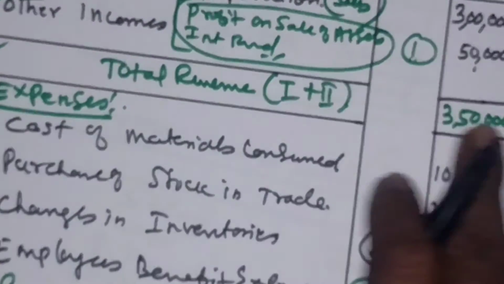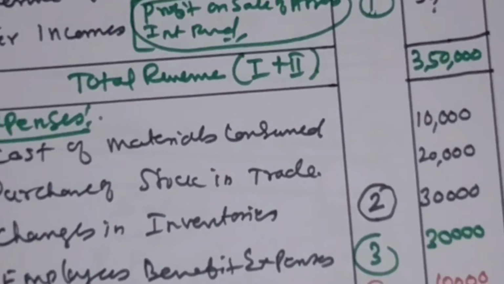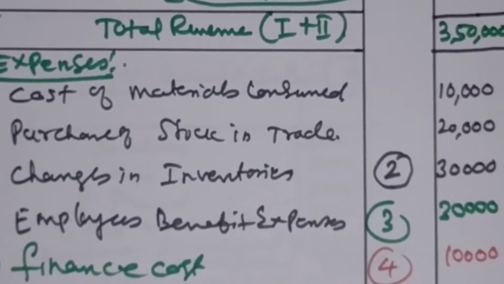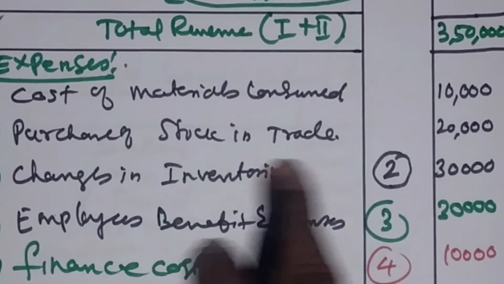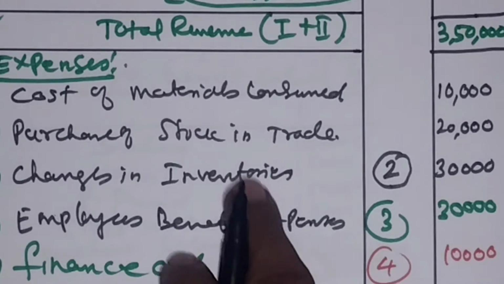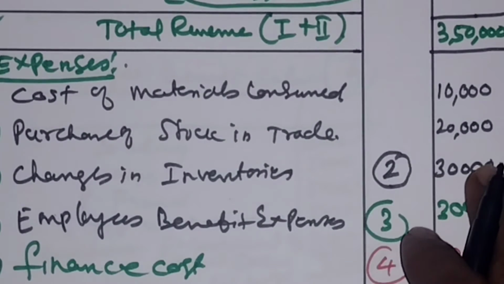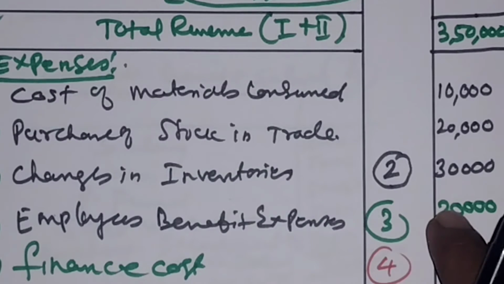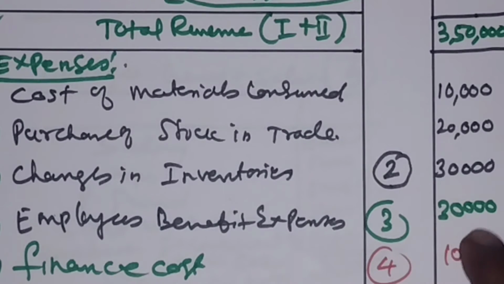Overall total revenue we got is 3,50,000. Out of total revenue, the first one is cost of material consumed 10,000, purchase of stock in trade 20,000, changes in inventories, that is opening stock minus closing stock, we get 30,000. Employee benefit expenses like salaries, wages, staff welfare expenses, provident fund, encashment of leave salary, all put together 30,000.